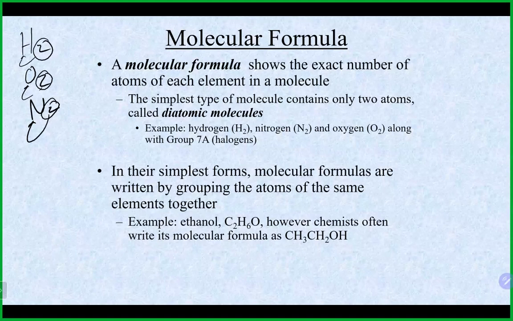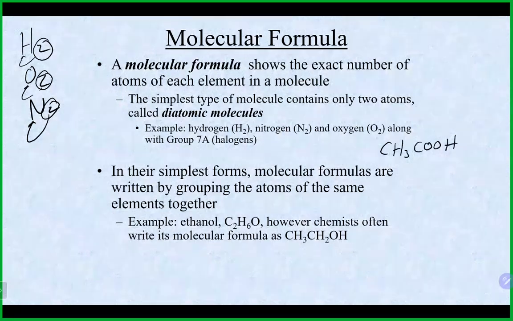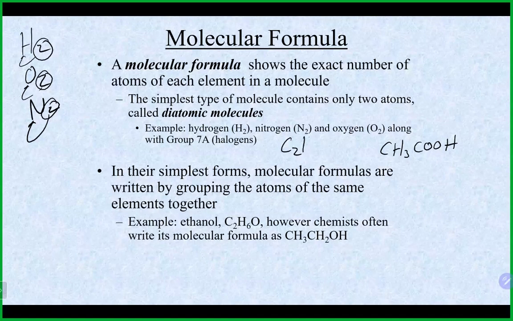Now, sometimes people will write molecular formulas that give you a little bit more information. One of the commonly seen ones that people run across is something like this. And for example, that is really the same thing as what we got there on the bottom, C2H4O2.